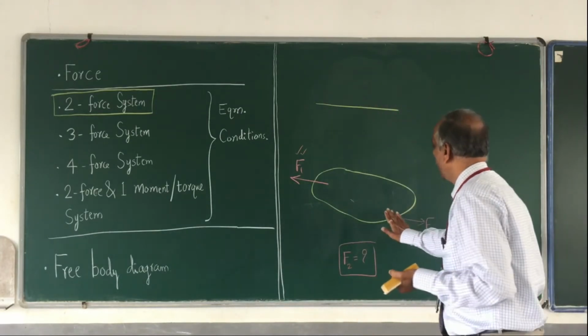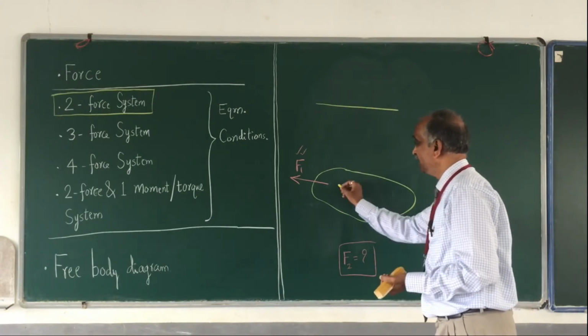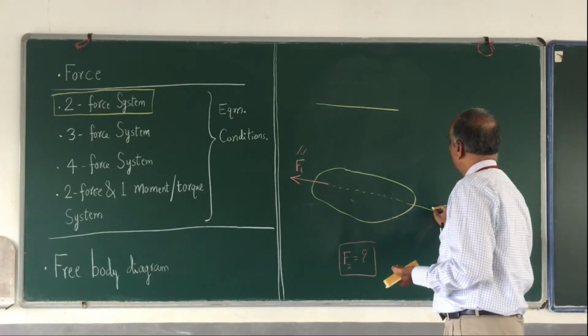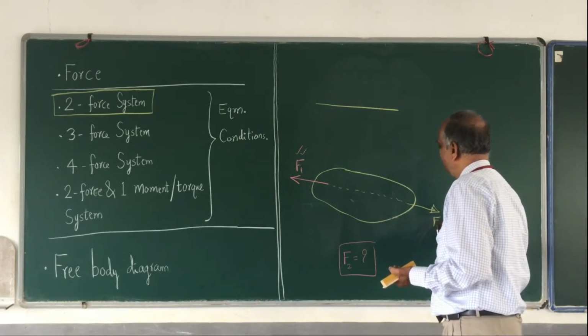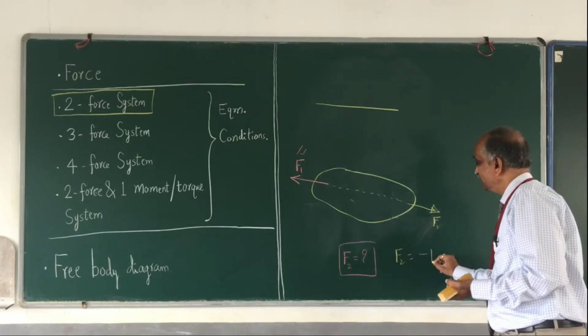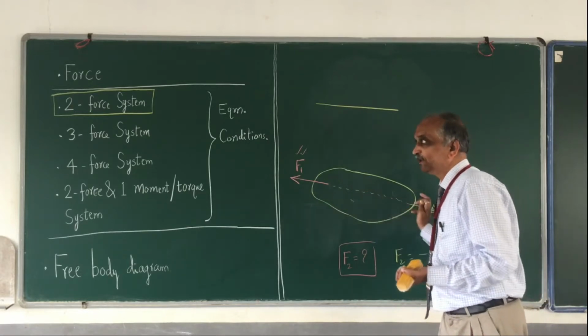Therefore, F2 cannot be anywhere. It has to be exactly along the same line. So this is what F2 must be. F2 is equal to minus F1, and not only that, they have to be collinear.